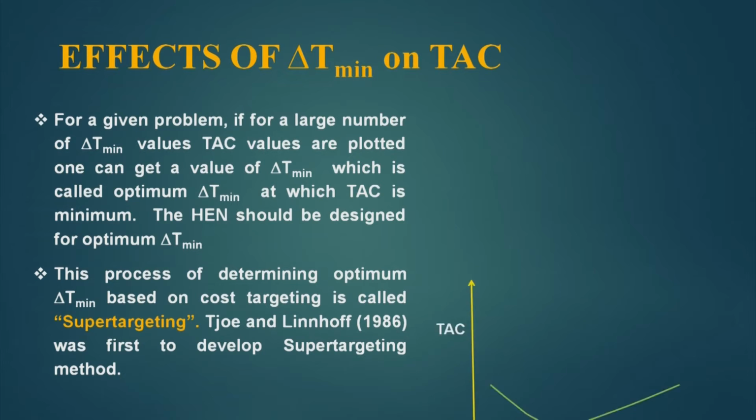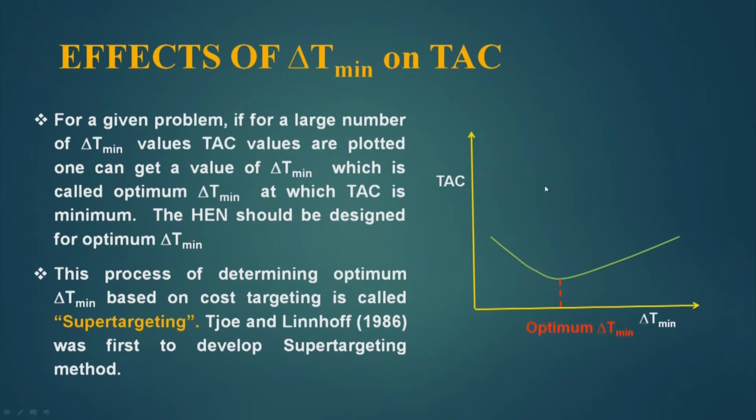Now, this can be seen by a plot here. This is plotted between TAC and delta T minimum, and the TAC of different heat exchanger networks, because when I am changing delta T minimum, the heat exchanger network is also changing.